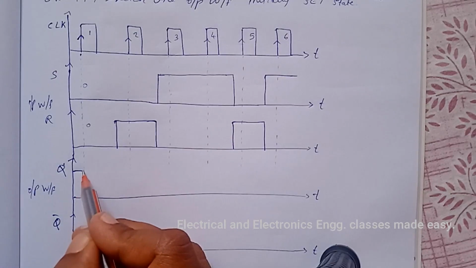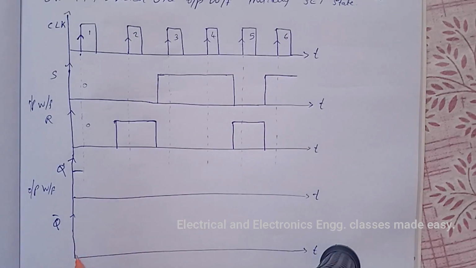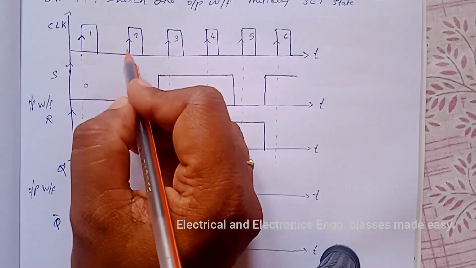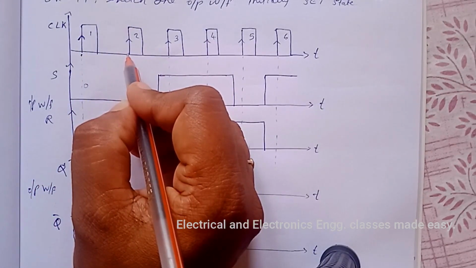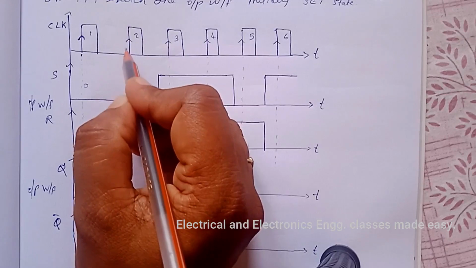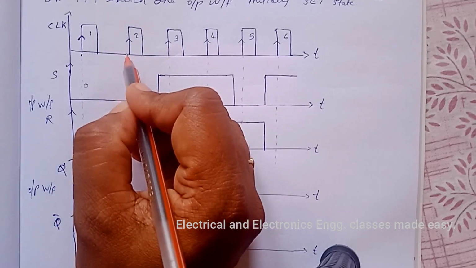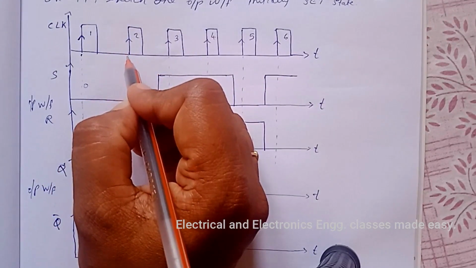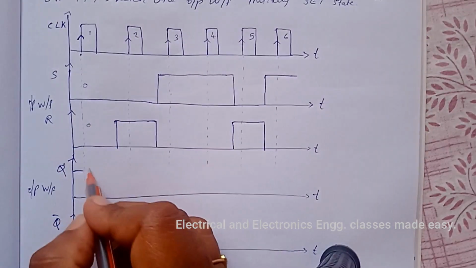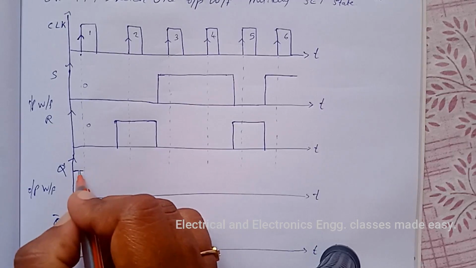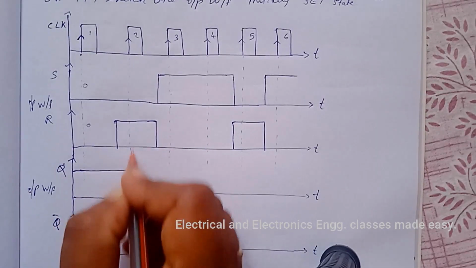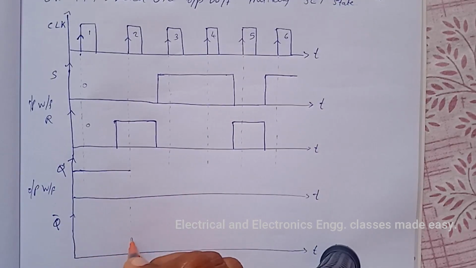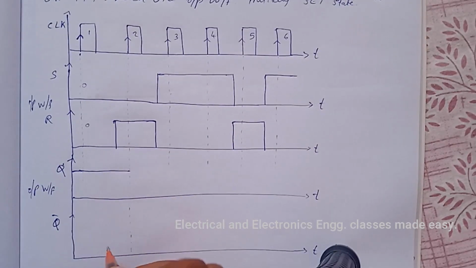So Q is high again and Q bar is 0 up to the next positive edge of the clock pulse. Up to this point it is high, that is Q is high and Q bar is low.